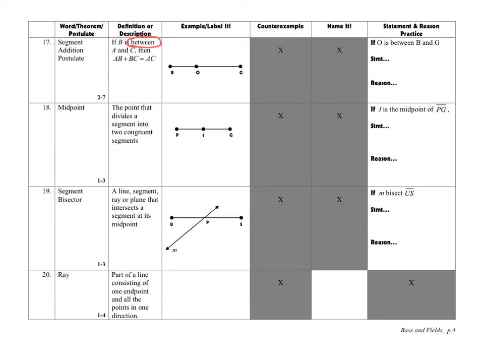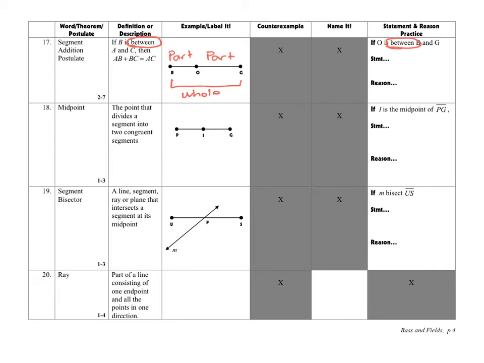So we're going to look at another one. Over here on the far right it says O is between B and G, and if you look at my picture here, that's exactly what I've provided for you. I can see that B, O, and G are collinear, and my O is between my B and my G. Following the idea of the name segment addition, we're going to say that this part plus this part is going to equal our whole segment.